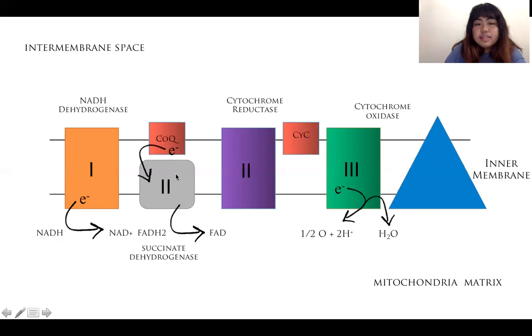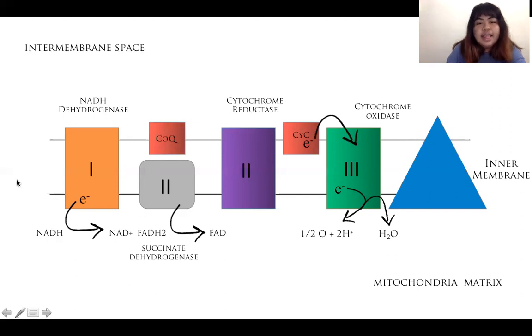In the process, ubiquinone will get its electrons from complex number 2 to carry them to complex number 3, another carrier through cytochrome C, then to cytochrome oxidase. So it's going to be a cycle, these electrons.